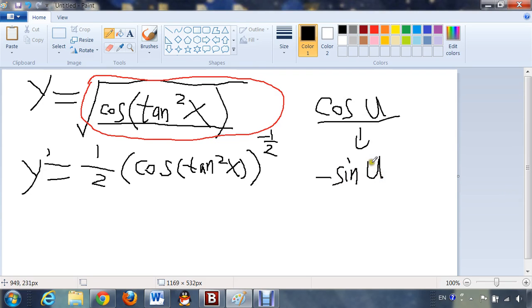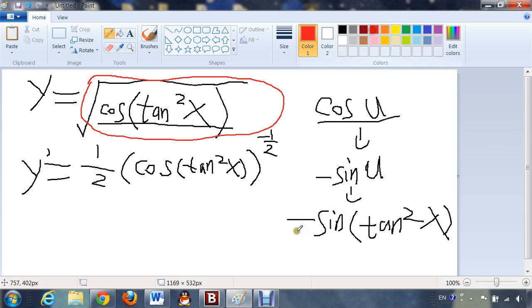And remember that something here is tangent square x. So written in complete form, it's negative sine of tangent square x. This is the derivative of this cosine of tangent square x here.